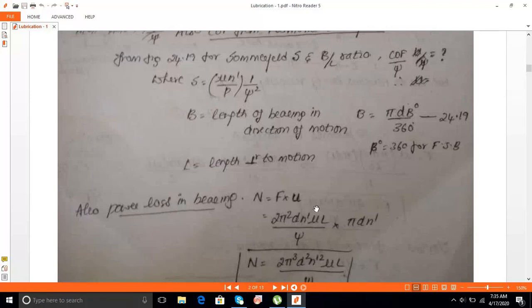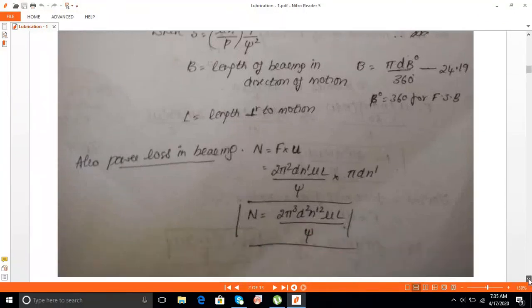Also, to determine the power loss, there is one more equation: the frictional force into the velocity. The frictional force we have already determined. Velocity is pi d n dash, that means in terms of seconds, rps.